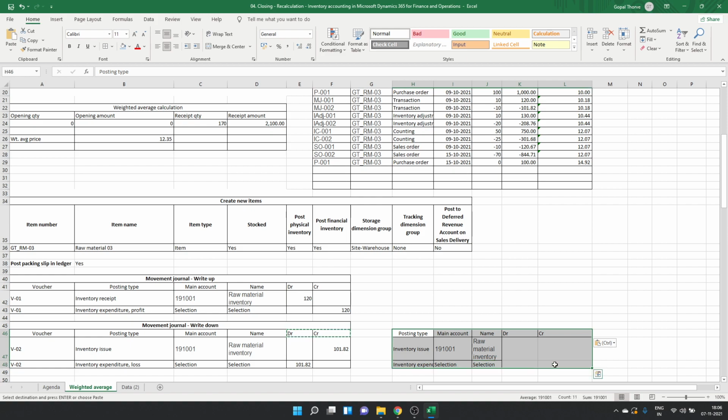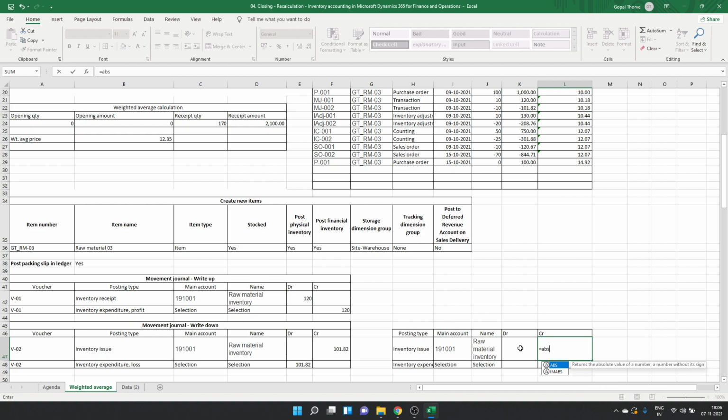System will take the GL accounts which were used at the time of posting of that particular issue transaction. In this case, it is a movement journal where we are writing down our inventory. So it will take the same GL account and it will credit this amount here from inventory.